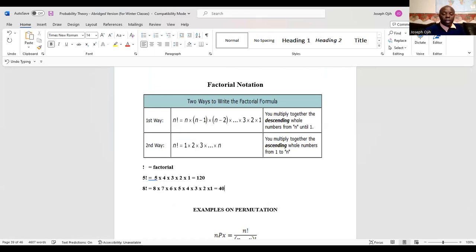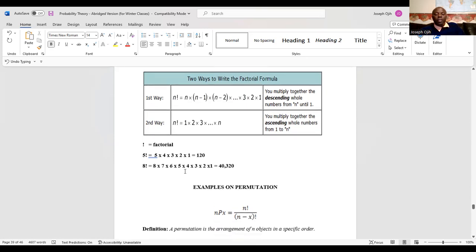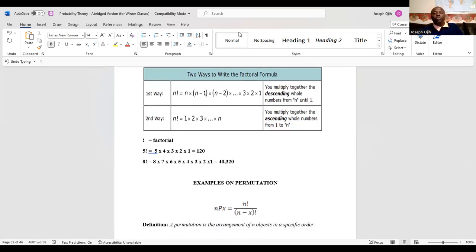So that is basically what we do in factorial. Now again, the good news is that we can get this from the calculator directly.